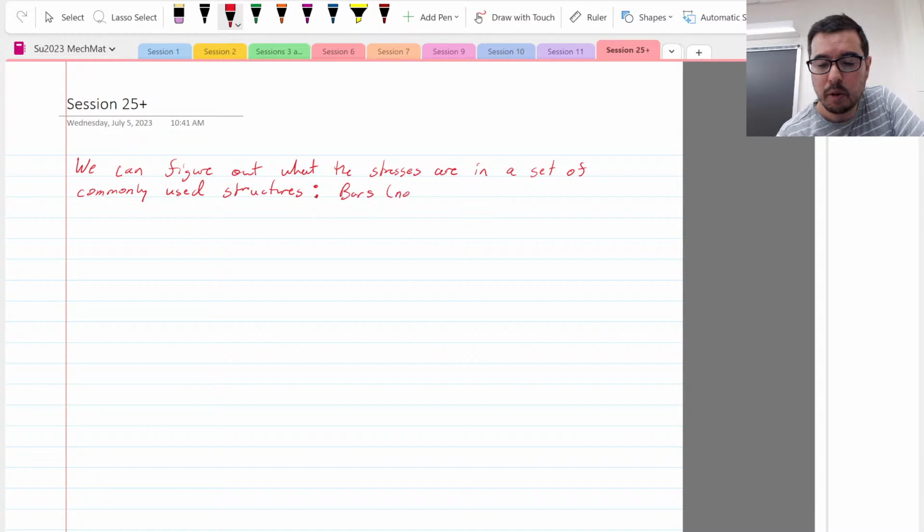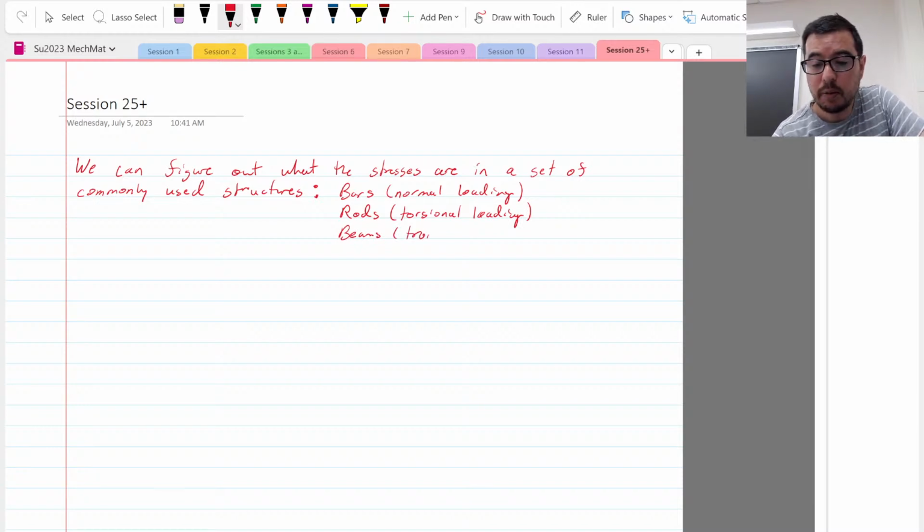And that's normal loading. They include rods. That's typically torsional loading. They include beams, right, which has transverse loading typically.